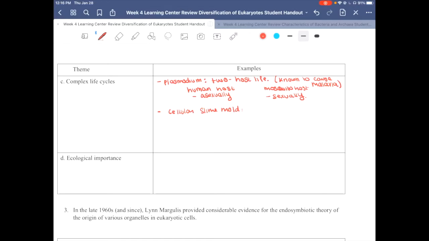And once it forms into the colonies, then they can go through asexual fruiting, and that gives rise to the spores that you see when there's mold.